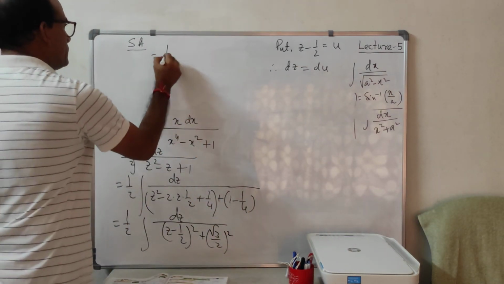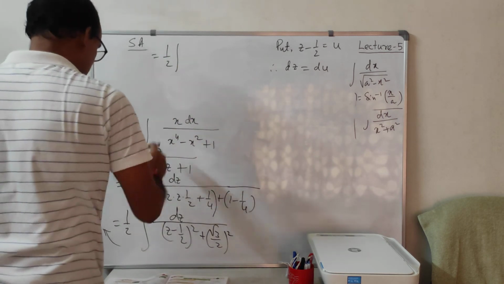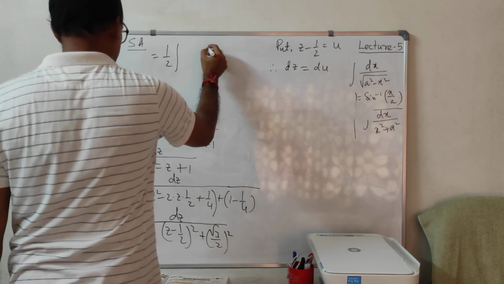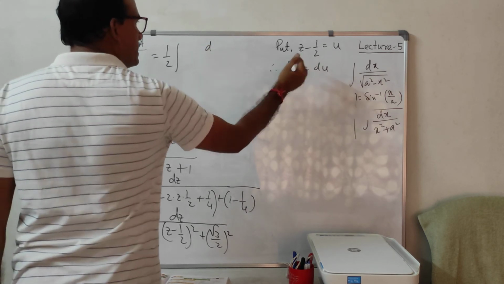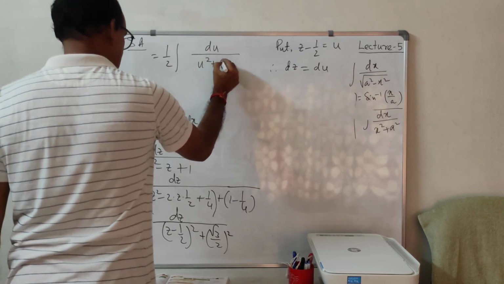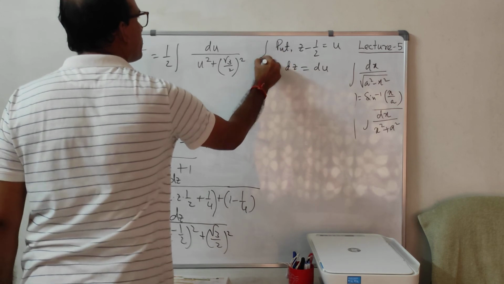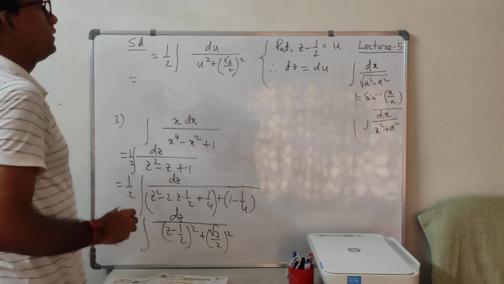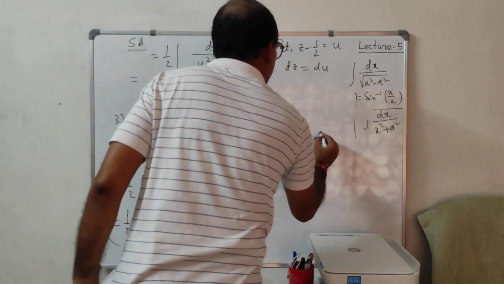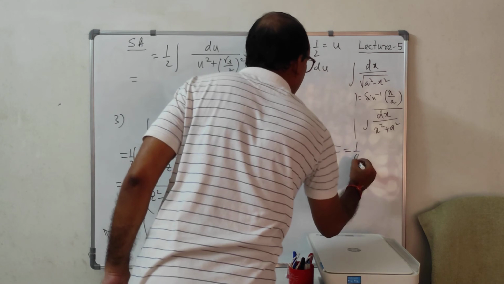So this will be half in the outside. dz is du by u^2 plus root 3 by 2 whole square. Okay, so this is just exactly in this standard form, which is x^2 plus a^2. And what was the result?